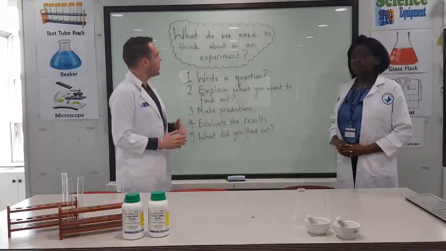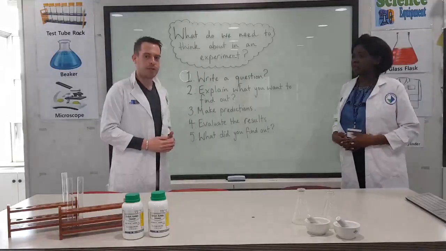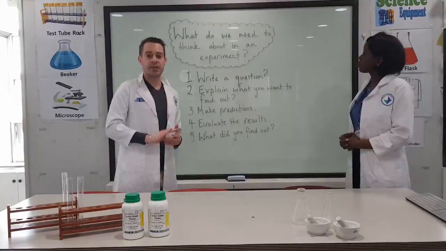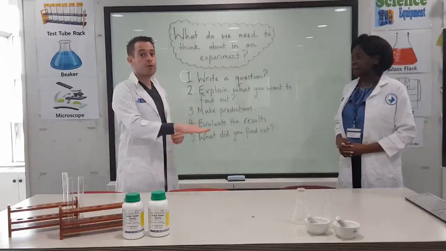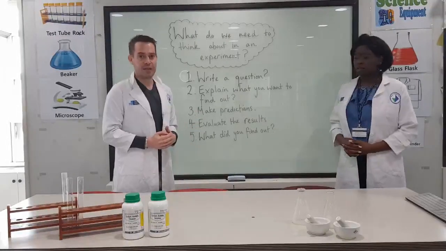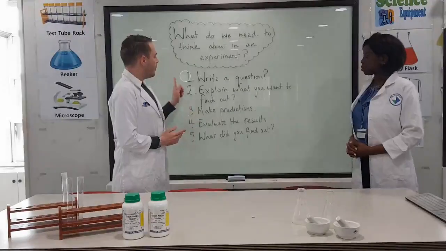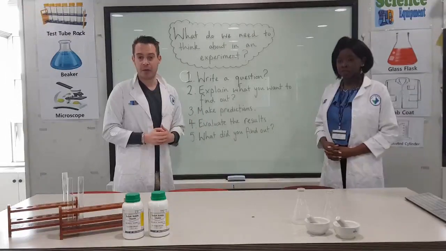Here is my list. So, what do we need to think about in an experiment? There are 5 stages that start from before the experiment, go through the experiment, and then finally what has happened at the end of the experiment. First, we need to make a question about what we want to find out.